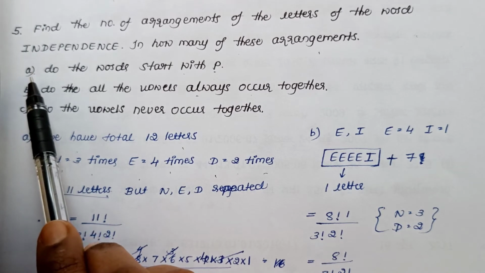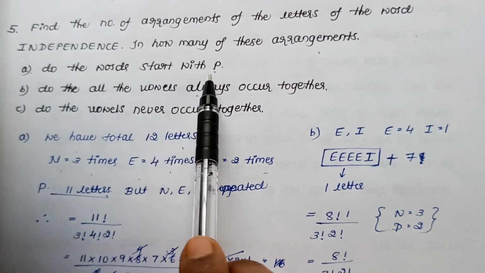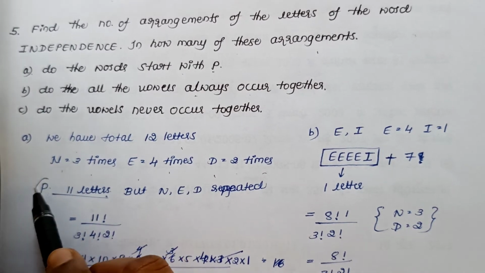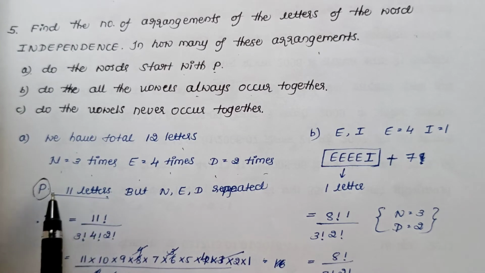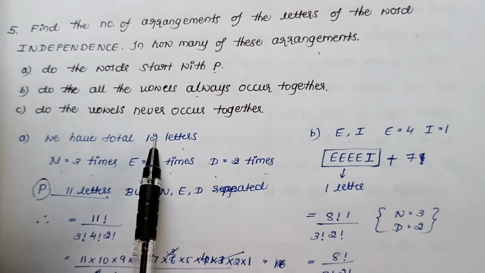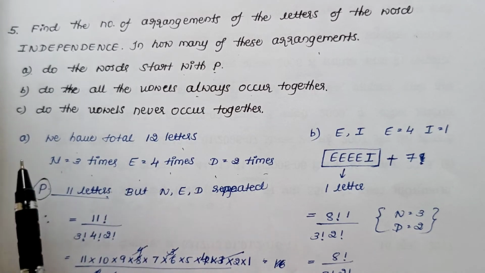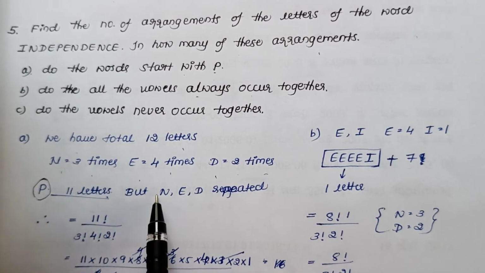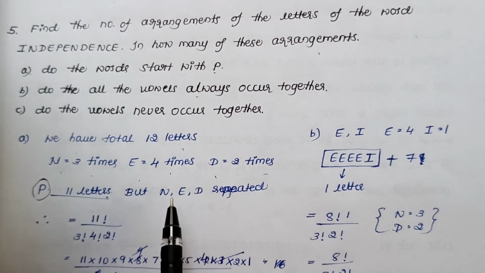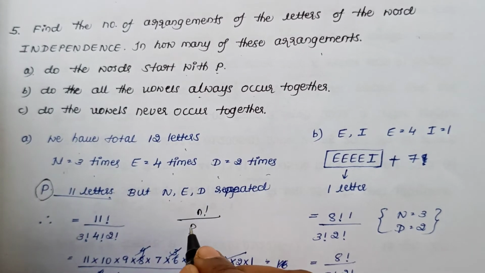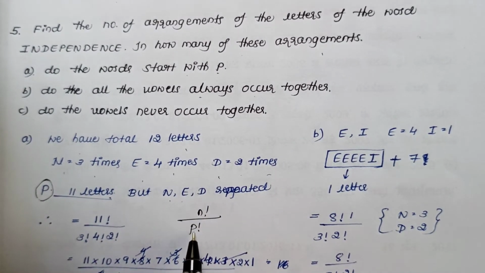In the first one, they are asking for words starting with P. So let me fix the letter P. Then we have to arrange the remaining letters. The remaining letters are 11, because in total we have 12 and P has been fixed. But N, E, D are the repeated letters. We know the formula for repeated letters is n factorial by p factorial, where p is the repeated one.